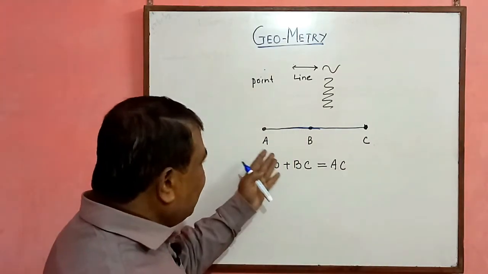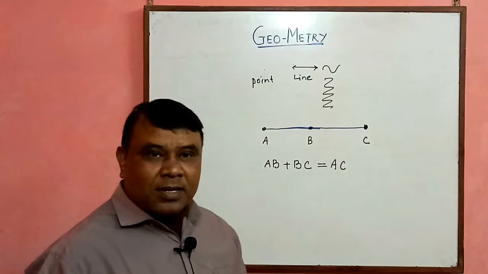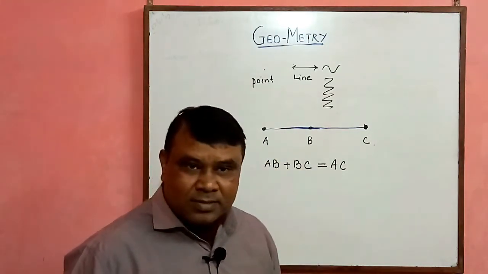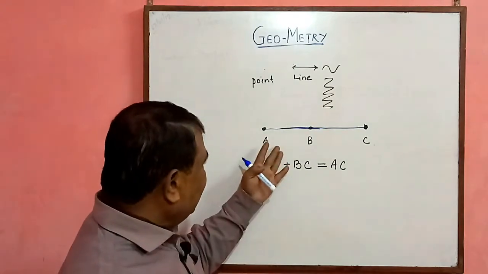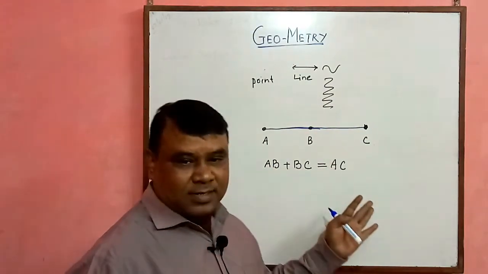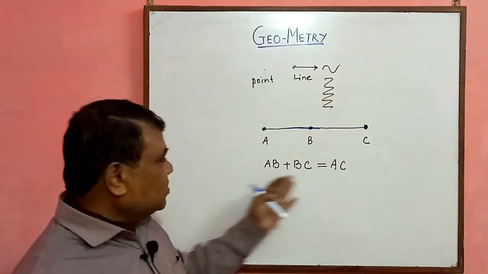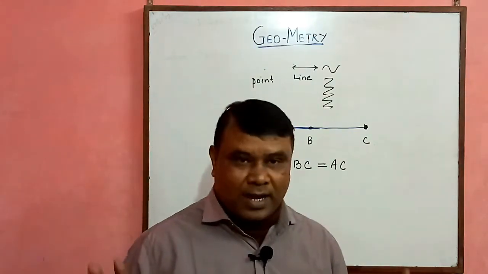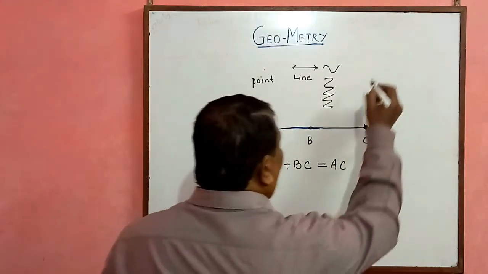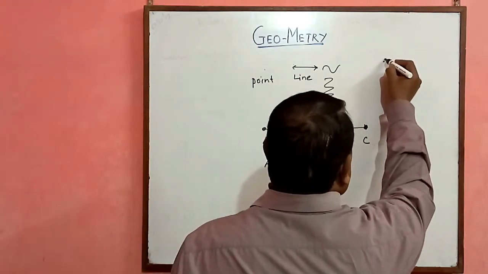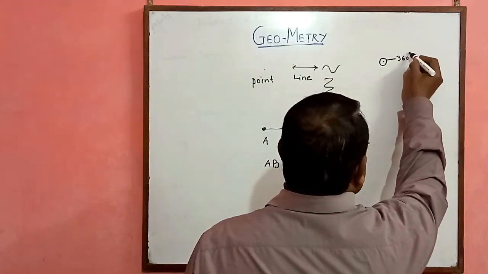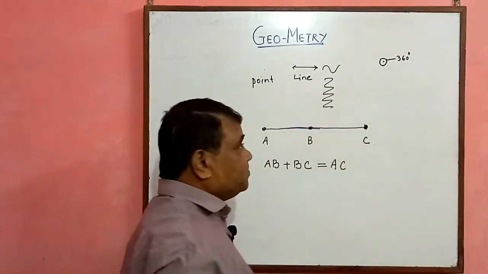That means 3 points are taken in such a way that AB plus BC is equal to AC. If this relation satisfies, then only it will be a straight line. Around a point as a whole, the angle is 360 degrees.